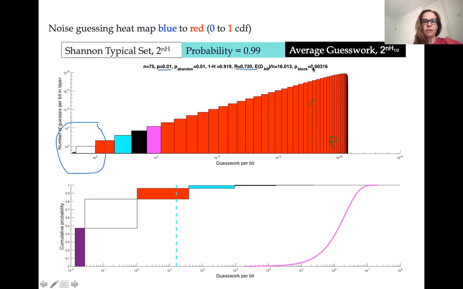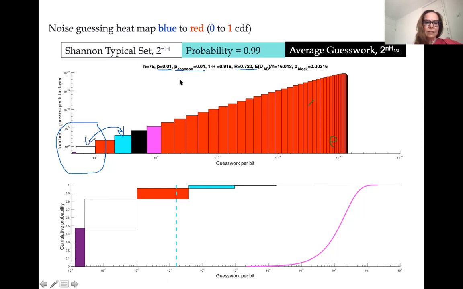This is with a block error rate probability of 10 to the minus 3, okay? So lower than my raw bit error probability. And this is with a probability of abandoning of 0.001. So you can see that I will actually hit the typical set way before I abandon, right?